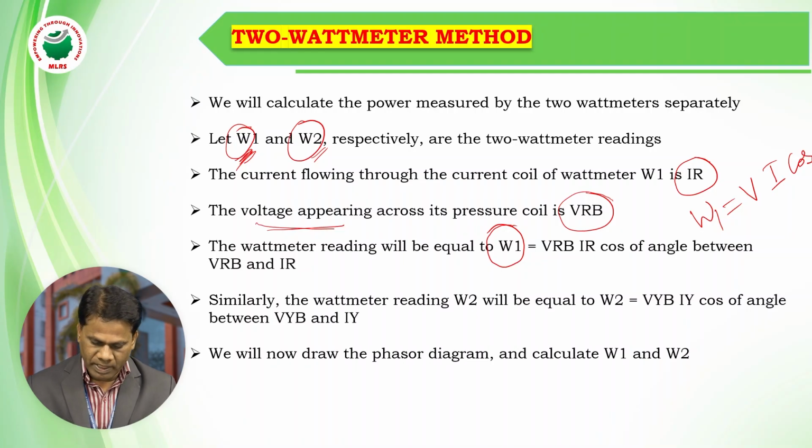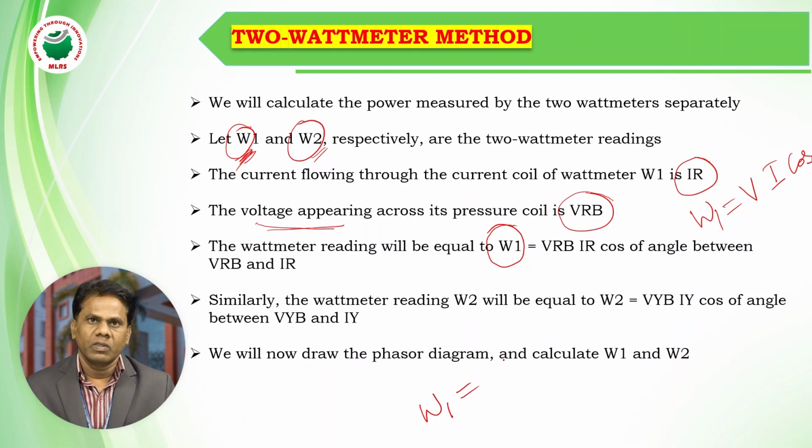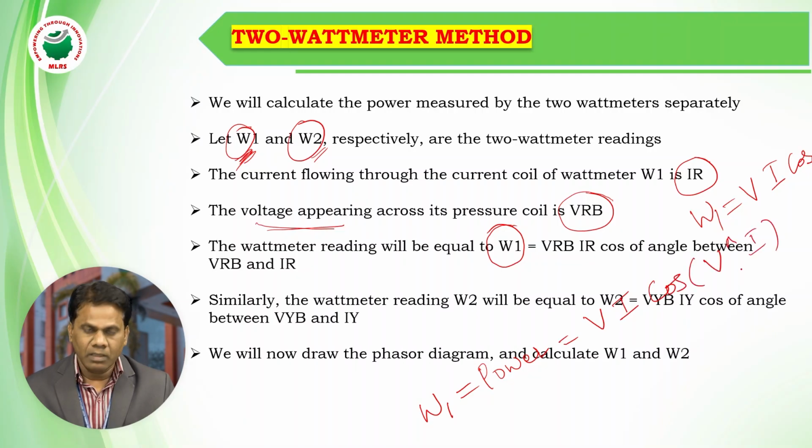So W1, the reading of the first wattmeter, is nothing but a power measurement. What is the formula for power? In general, voltage into current into the cosine of the angle between voltage and current. This is the power equation in general.